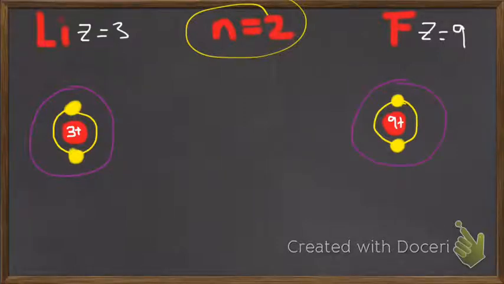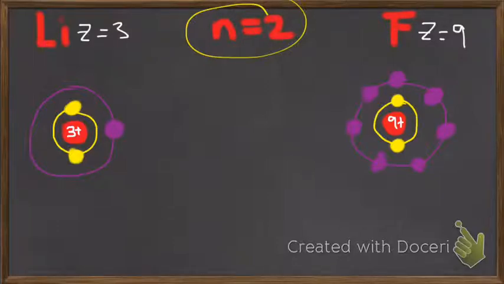How many electrons are in each one of these energy levels? Well, we only have 1 electron left for lithium, but we have 7 left for fluorine. 1, 2, 3, 4, 5, 6, 7.